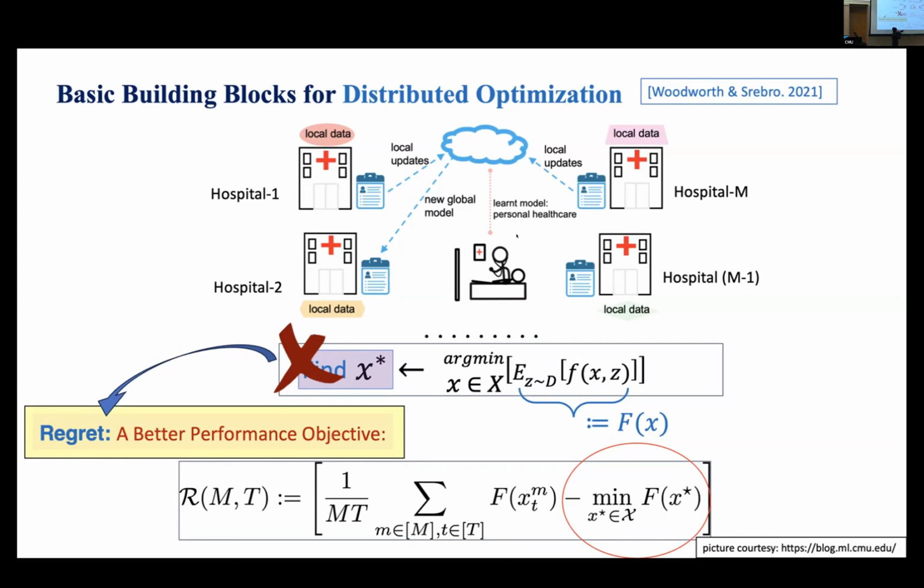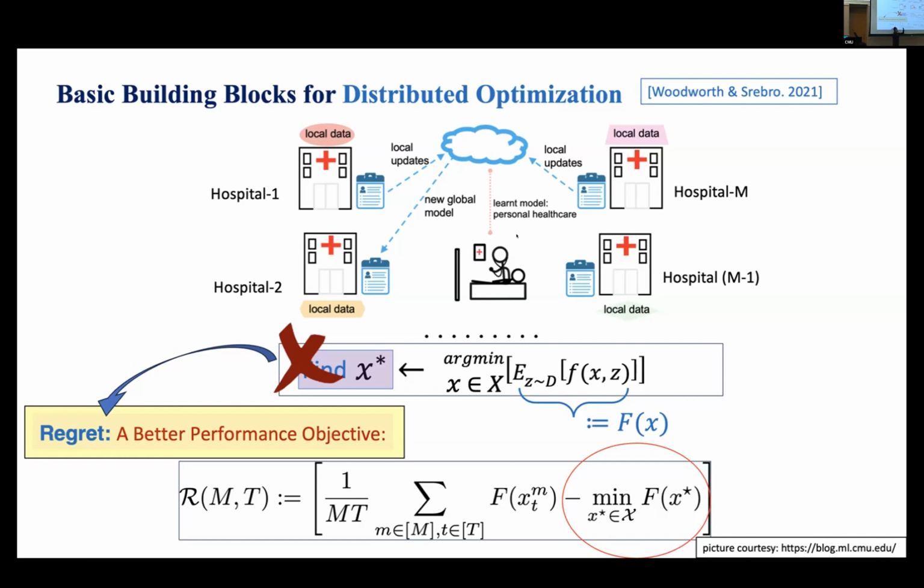So what I mean is, suppose I have M such hospitals. M is the hospitals, or more generally, the local data servers that I have, and T is the number of patients in each of these hospitals, or more generally how many samples I'm evaluating on a certain hospital.